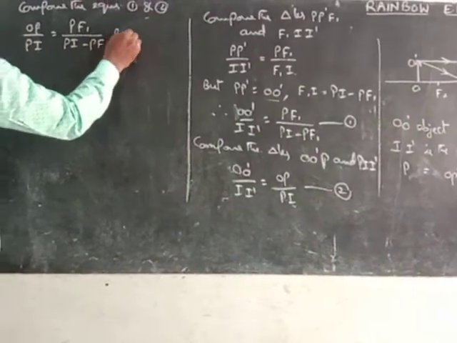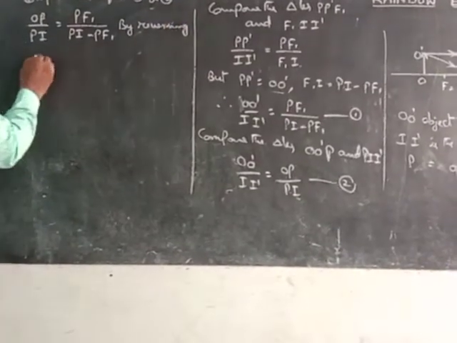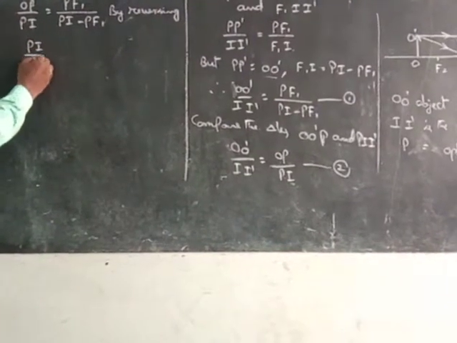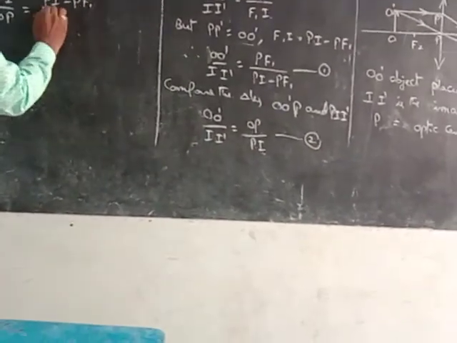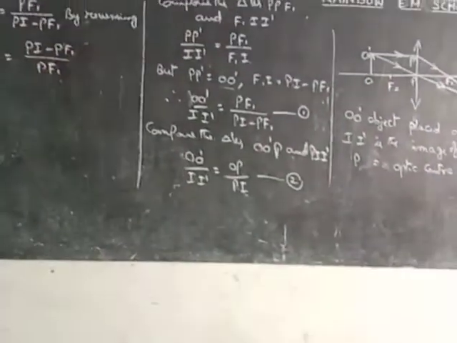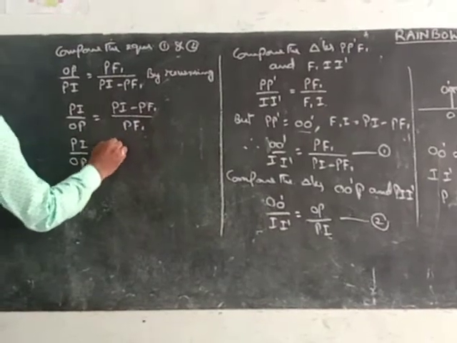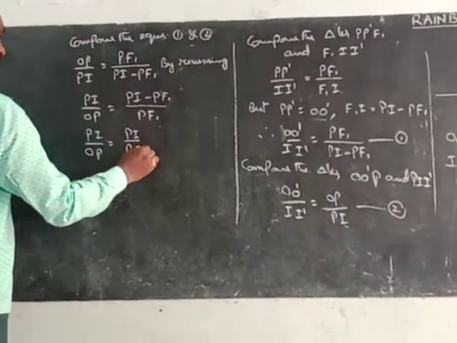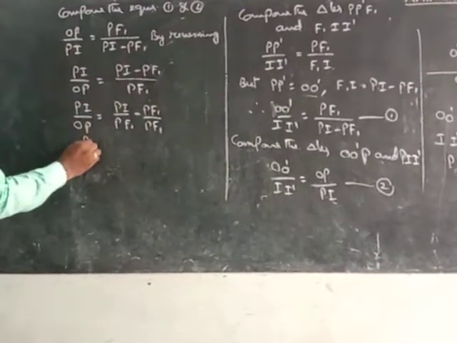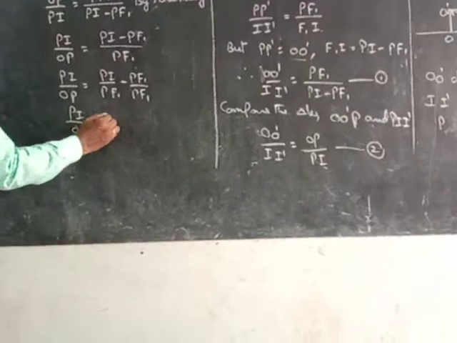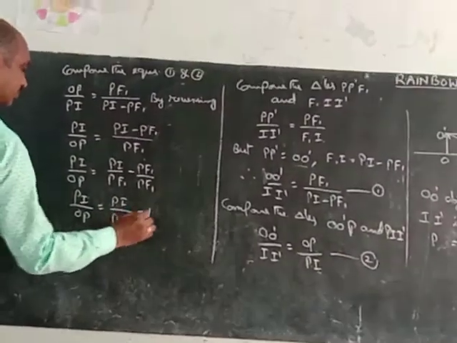By reversing, PI by OP is equal to PI minus PF1 by PF1. Next, PI by OP is equal to PI by PF1 minus PF1 by PF1. So PI by OP is equal to PI by PF1 minus 1.